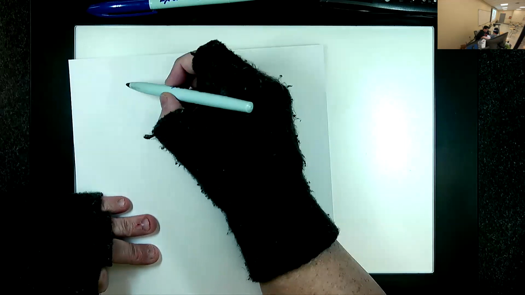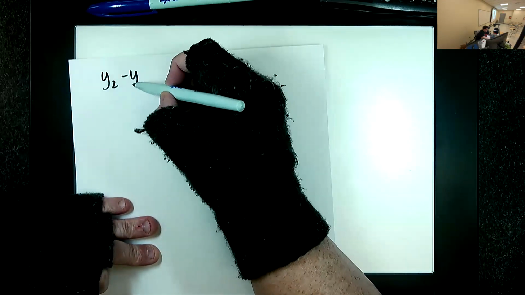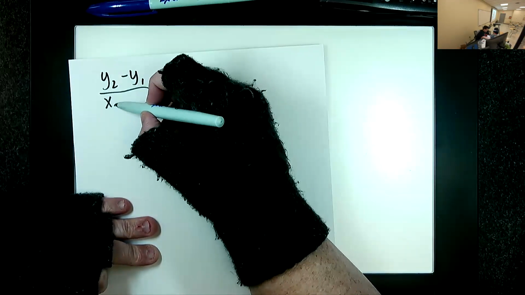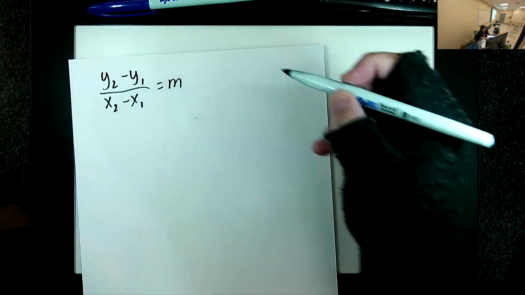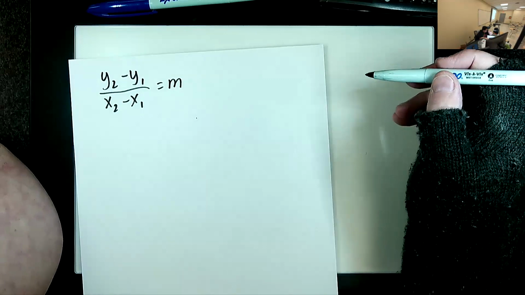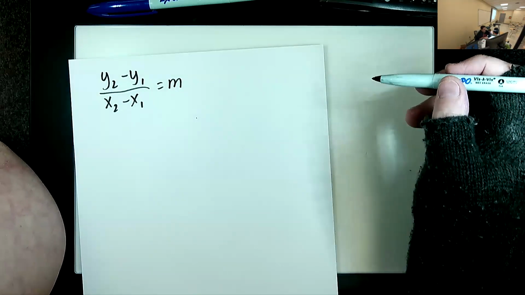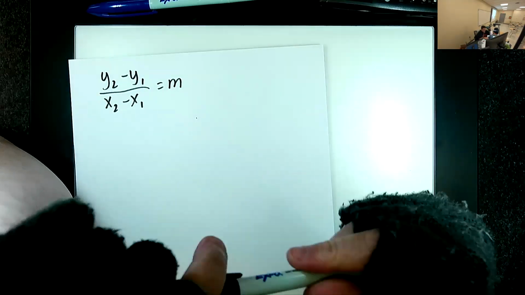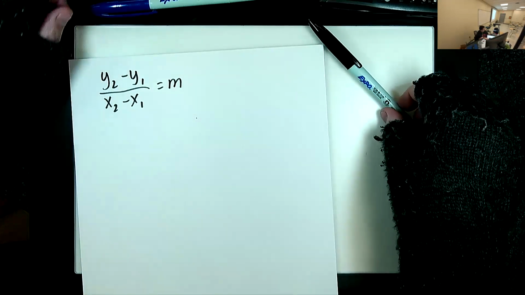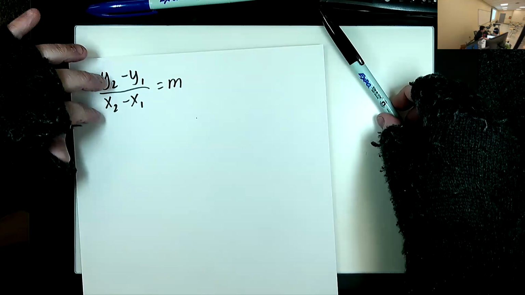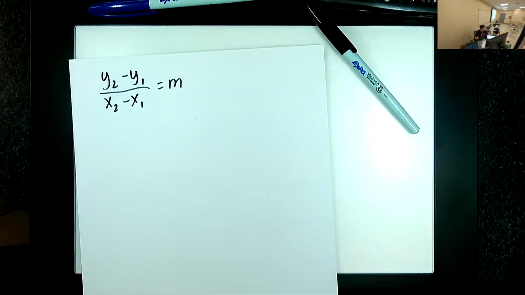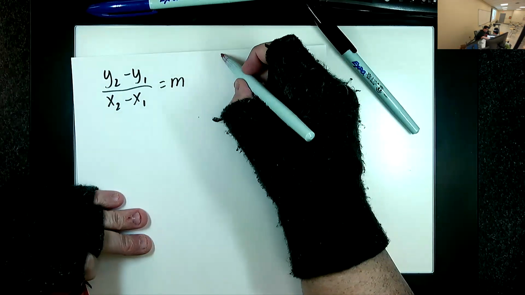Let's show you what it is. It all starts with our y2 minus y1 over x2 minus x1. That's our slope. If we only have one point though, we don't need both numbers. We don't need the second numbers.